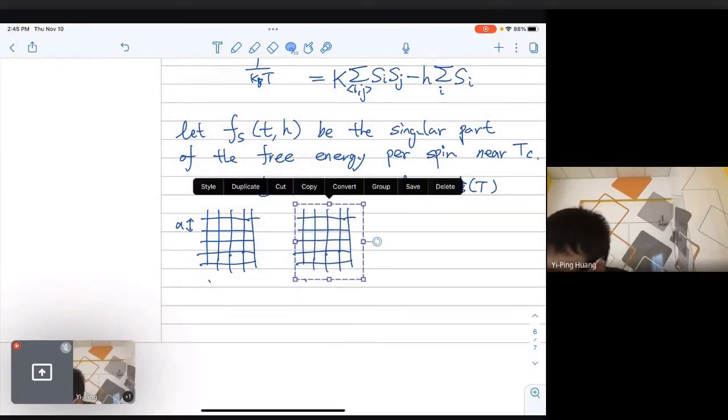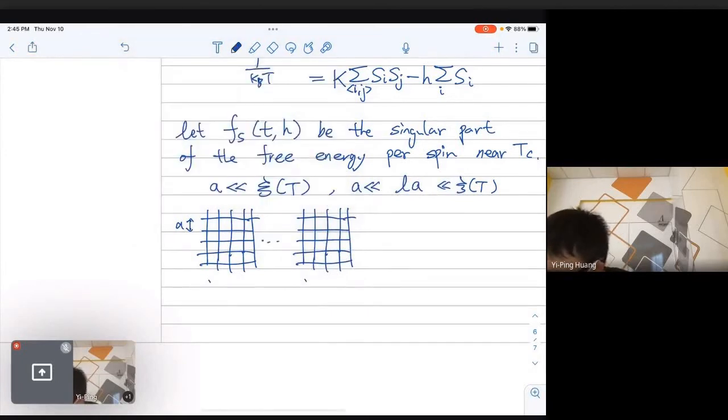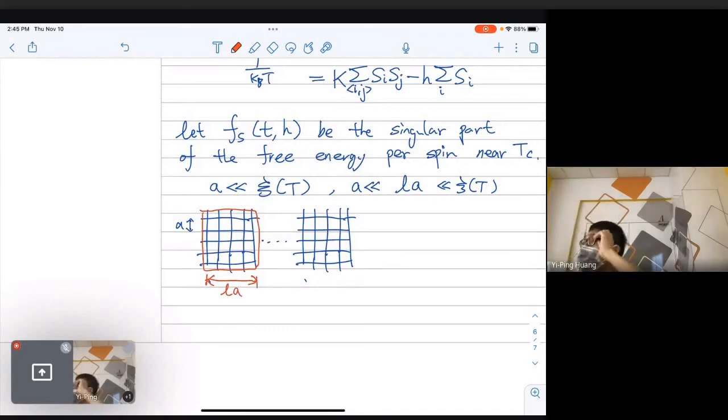Maybe there's some other repeated units. But what we're trying to do is consider this as the coarse-grained block, where the length scale for this coarse-grained block is L times a.